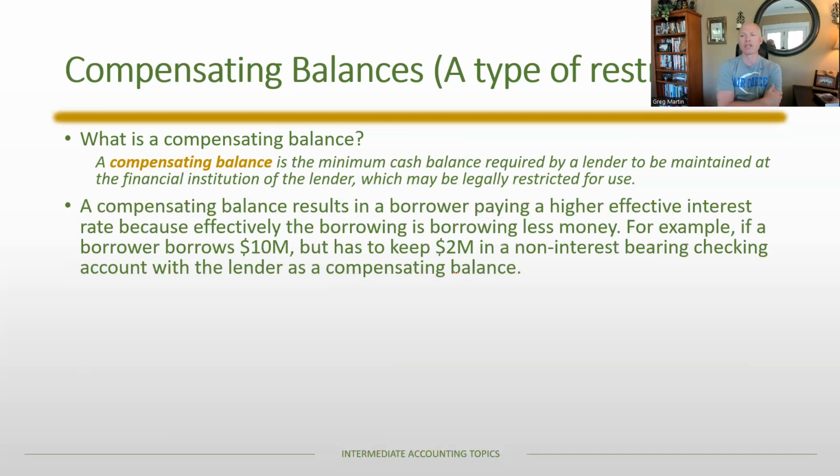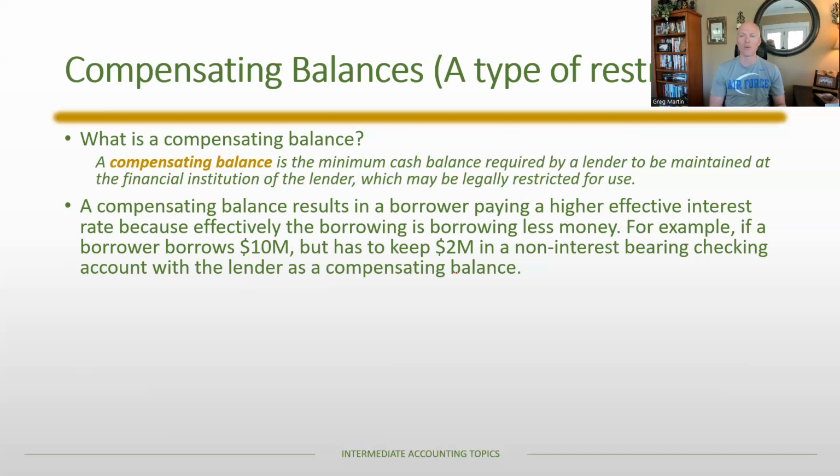Essentially, if you think about it, it creates an artificially higher effective interest rate. Let's keep it simple: say I am borrowing a $1,000 personal loan, but the bank requires that I put $100 into an account. Well, essentially, my net is 900.